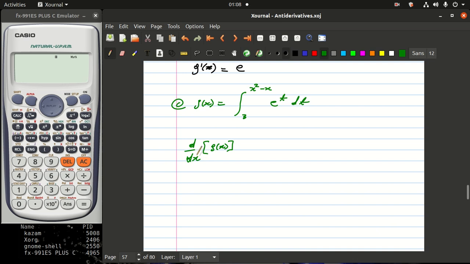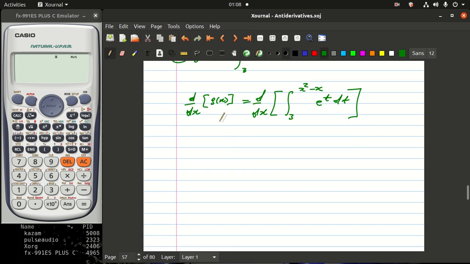Like I said, this x is that x there, so I have to take d dx of the integral from 3 up to x squared minus x of e to the t dt.